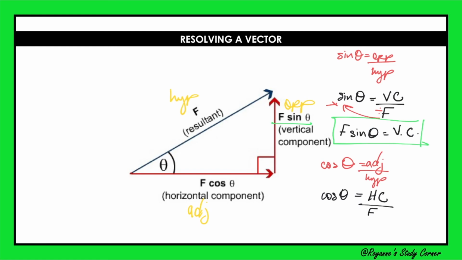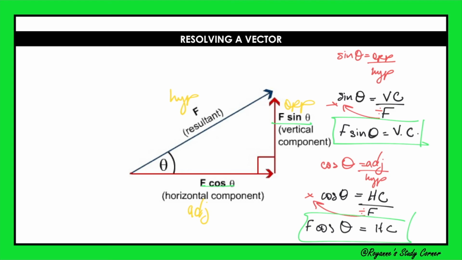Now same thing again, we want the horizontal component on one side, so we need to get rid of this F. And if on this side it's division, it will become multiplication on the other side. So then we'll have F cosine theta is equal to our horizontal component, which is the same thing we have here. Now, do you have to know by heart for this level how to derive this?